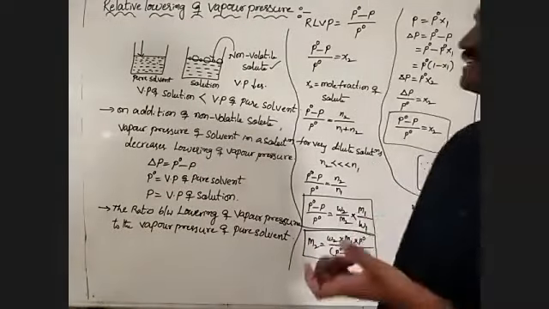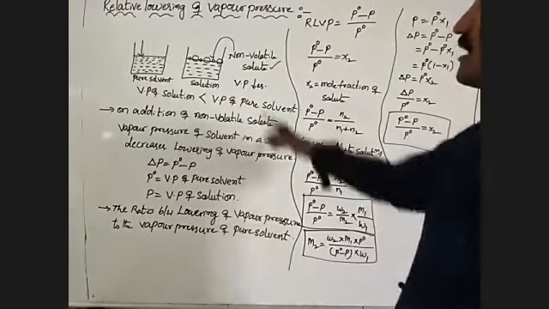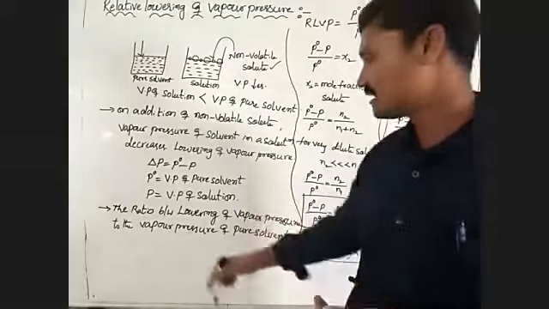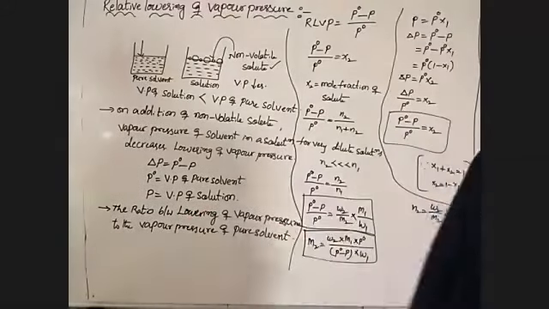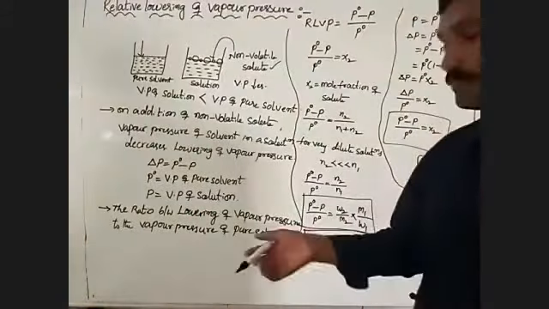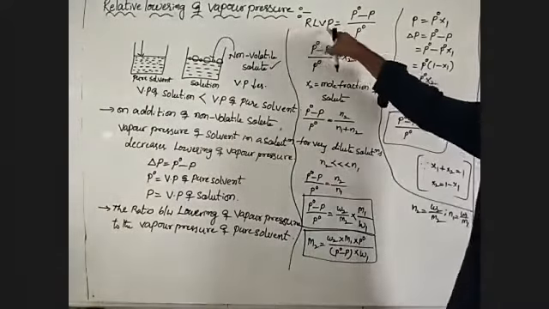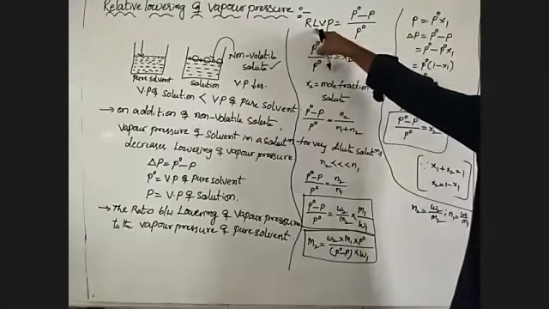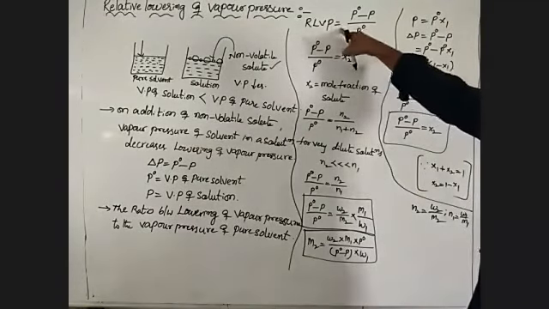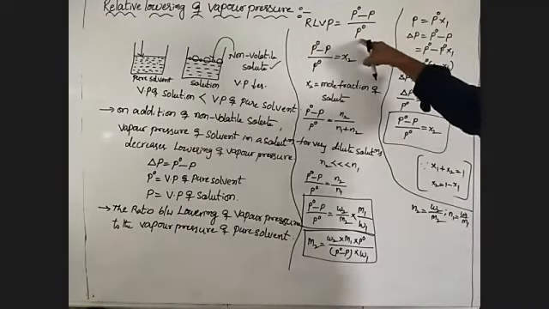Now the definition of relative lowering of vapor pressure. The ratio between the lowering of vapor pressure and the vapor pressure of the pure solvent is called relative lowering of vapor pressure. That means RLVP is equal to P naught minus P by P naught.